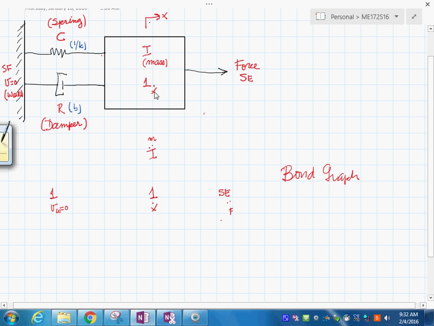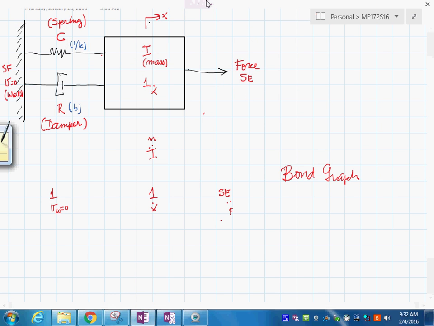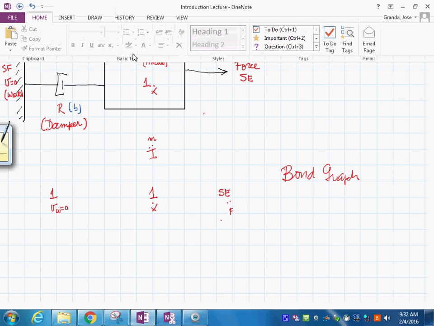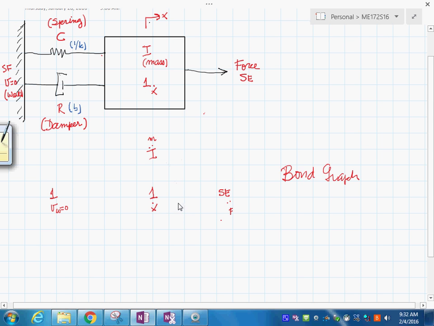I would like to use a different color for the connection. Let me see. Use this one. So we connect the force with the mass.